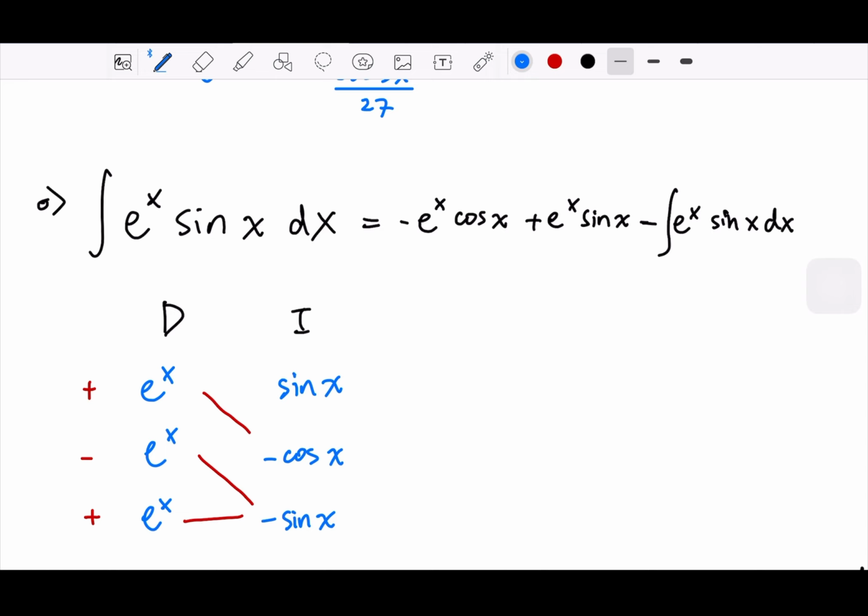But when you realize that this part is the same as the original equation, we can just solve by algebra. We move it to that side, and we can solve the integral. Sometimes when you deal with these questions and you don't see the big picture, the whole equation, you will integrate this and again have a really long integral.